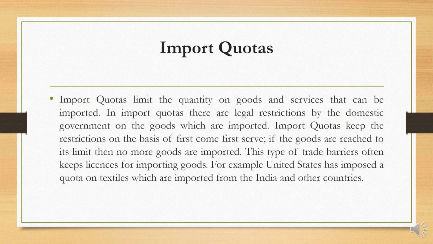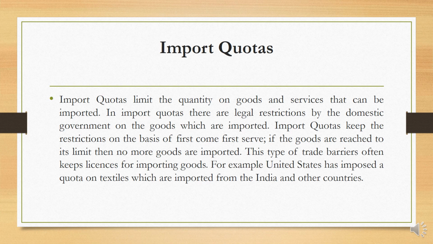The second important type of trade barrier is import quotas. Import quotas limit the quantity of goods and services that can be imported. In import quotas, there are legal restrictions by the domestic government on the goods which are imported. Import quotas keep the restrictions on a first come, first served basis.